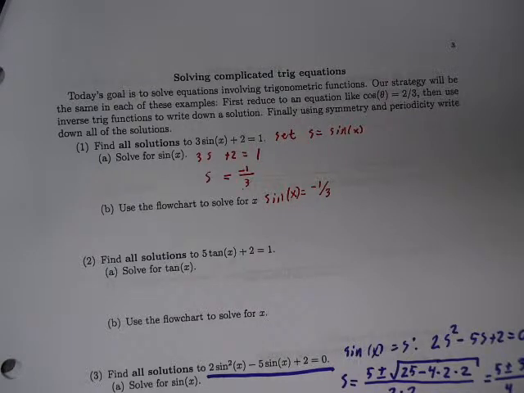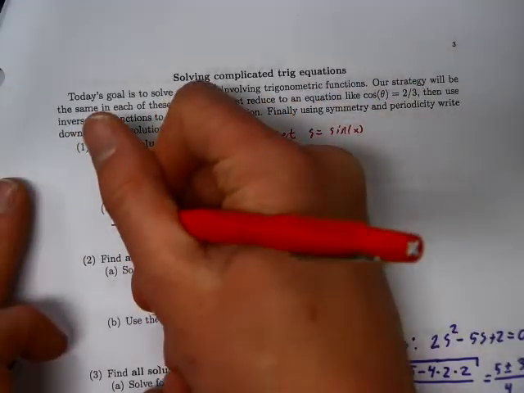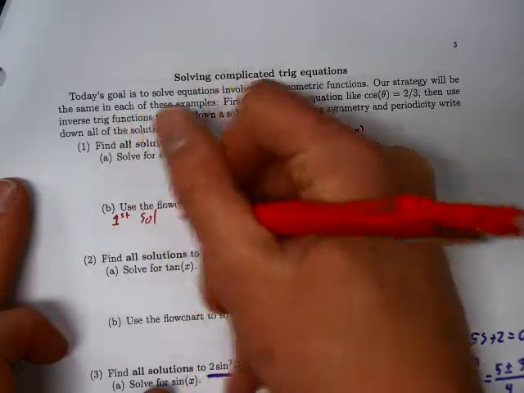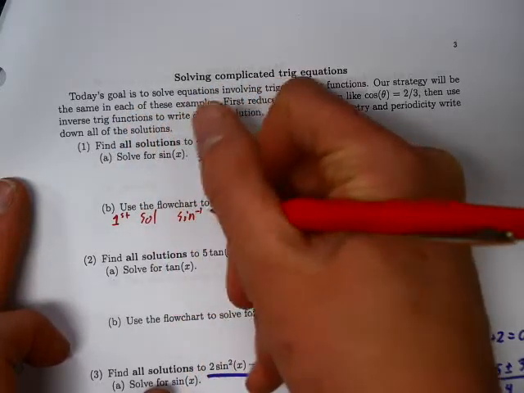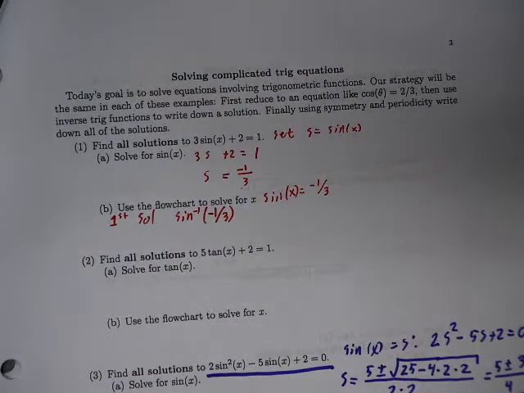Take inverse sine and then add 2 pi k. So one of the solutions is the inverse sine of negative 1 over 3. And we'll be able to get a general family of solutions by adding a 2 pi k to that. But maybe before we do that, what can we do with that minus sign?